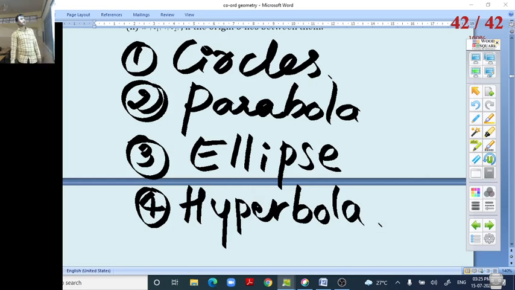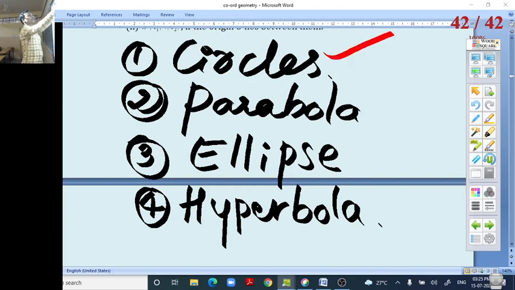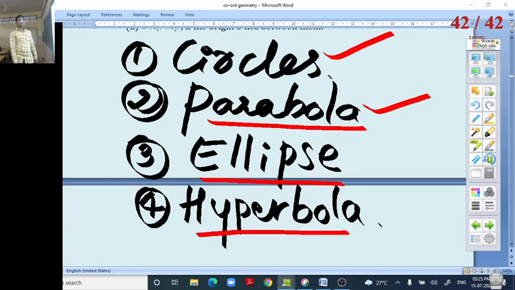So first, we get the circle as soon as the double cone is cut at a particular angle, and in later classes we will study the same. With another cutting angle, we get the parabola, and continually the ellipse and the hyperbola.